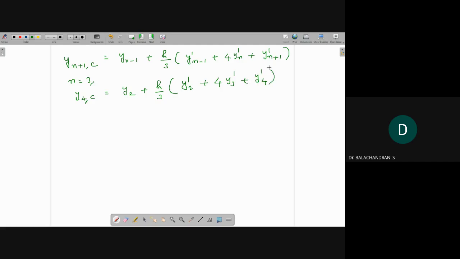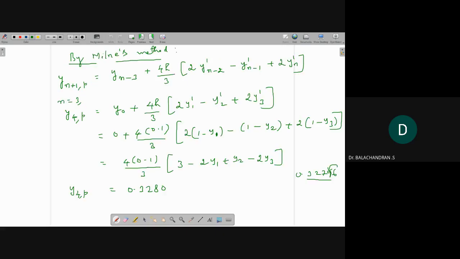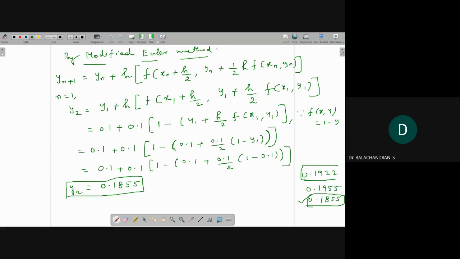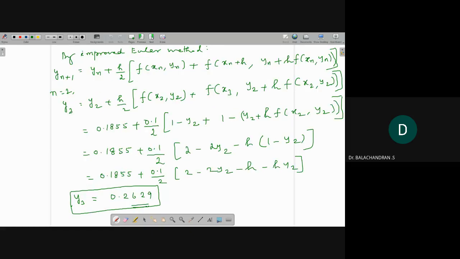So the only thing I need to find is y4 dash. If it is a bigger function, then you need to do it separately. But here the function is just 1 minus y, so I do it here itself. Now y2 is 0.1855.